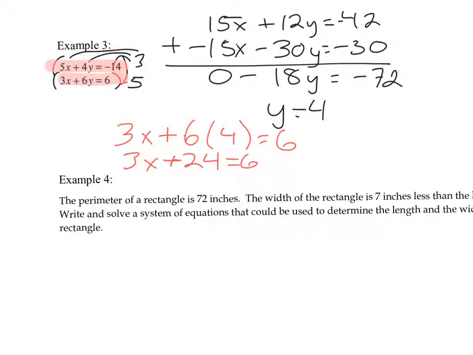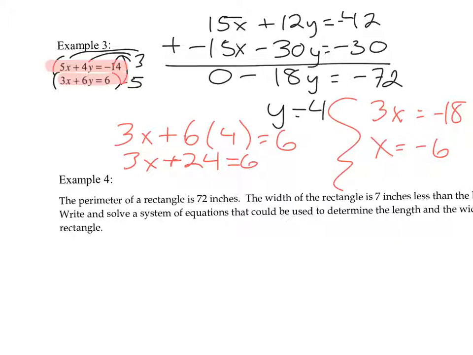Now what I have to do is go ahead and subtract 24 from the other side. That gives me, I think, negative 18. So I have 3x is equal to negative 18. And then I divide by 3, and I get x is equal to negative 6.